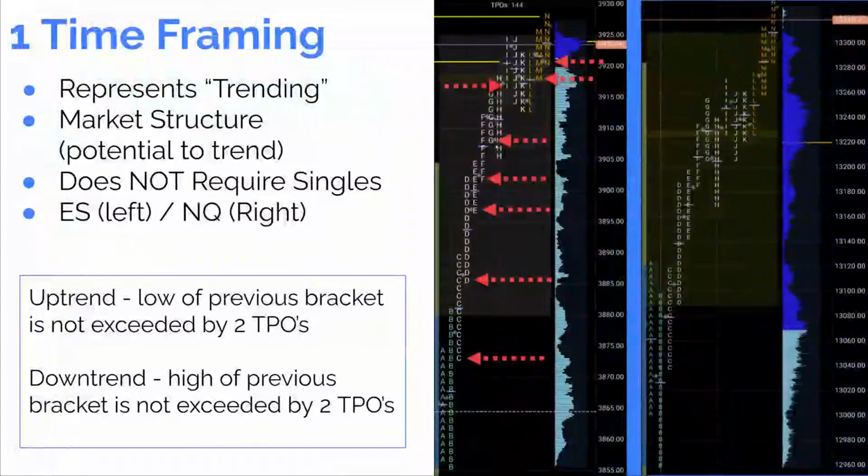Or I have different playbook setups. My playbook is my trades, my defined trades, and I have a bunch of them. But I would basically be looking for long setups from my playbook based on this information. Hopefully that makes sense. Instead of looking for the short setups, I'm only looking for the long ones.